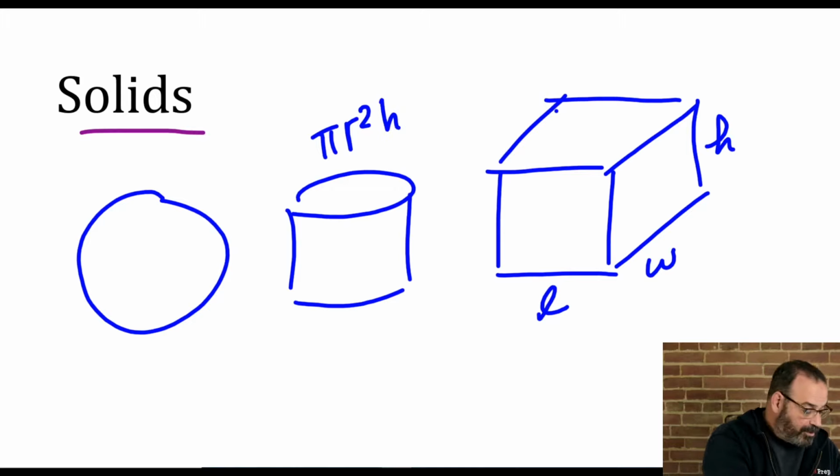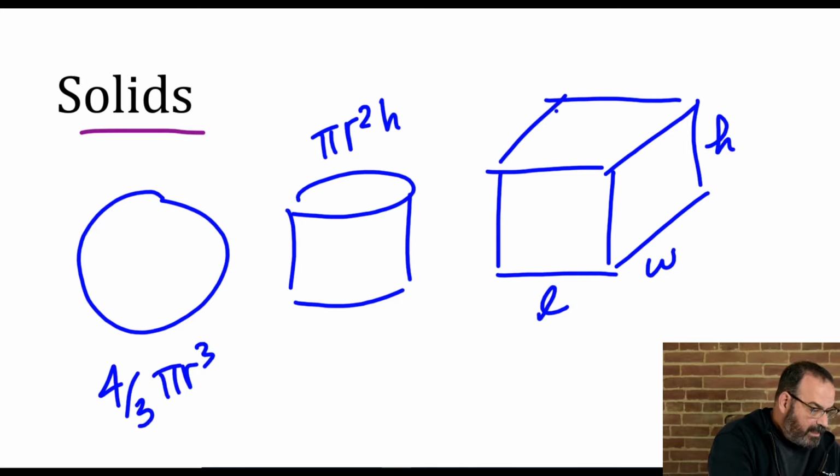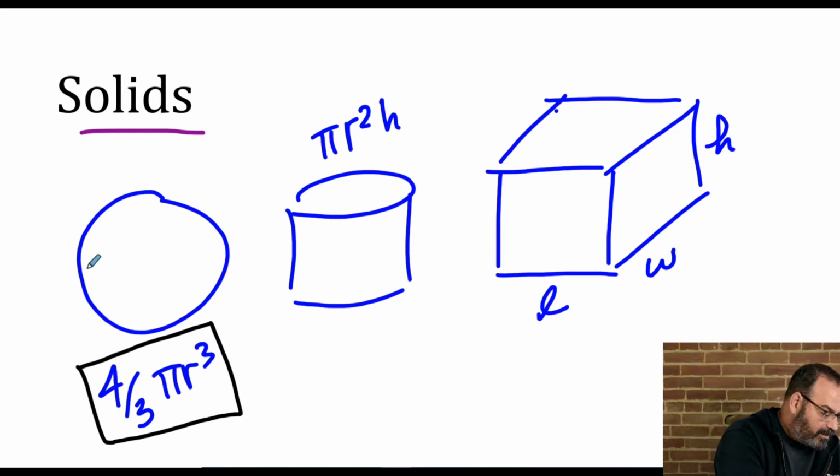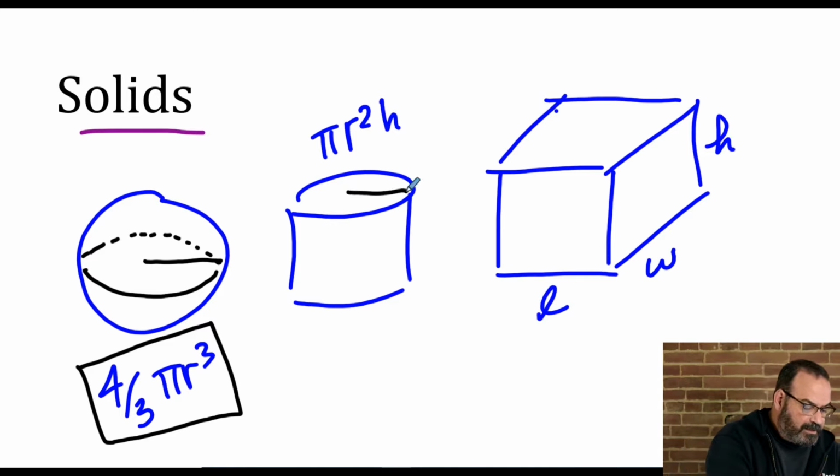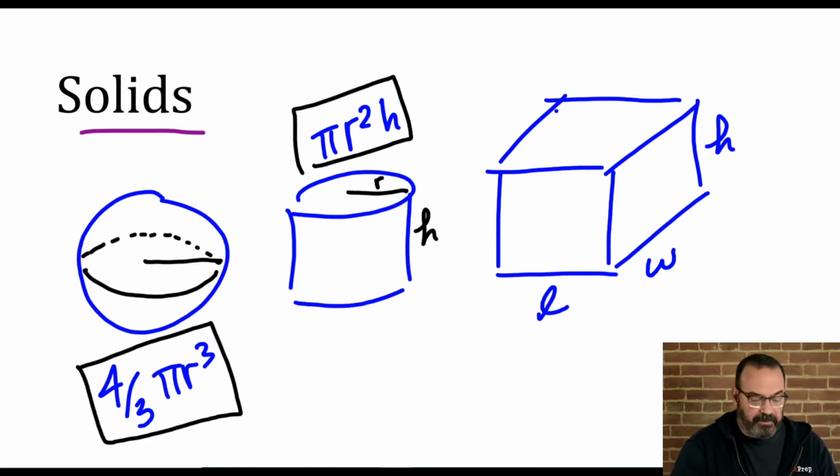And 4/3 pi r cubed. I have never seen it where you've had to memorize a sphere. This would be a sphere if I drew it as a three-dimensional object. I've never seen them put a sphere or a cone or a pyramid on where you've had to memorize it. But definitely the height and radius of a right cylinder and the volume.